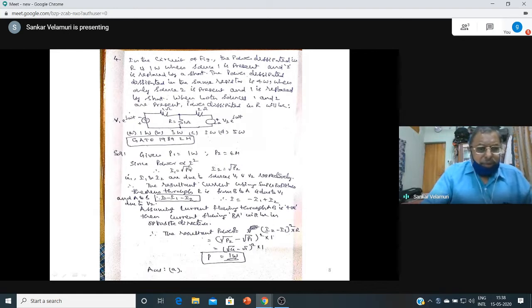Since power is proportional to the square of the current, I1 is equal to square root of P1, I2 is equal to square root of P2. This looks like M, but it is W. So I1 and I2 are due to sources V1 and V2 respectively.